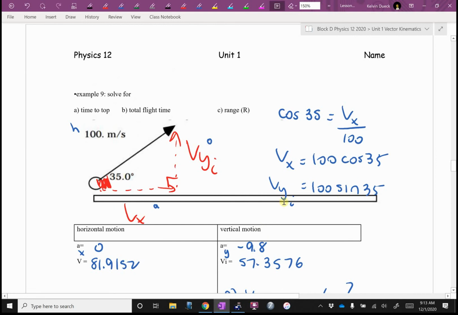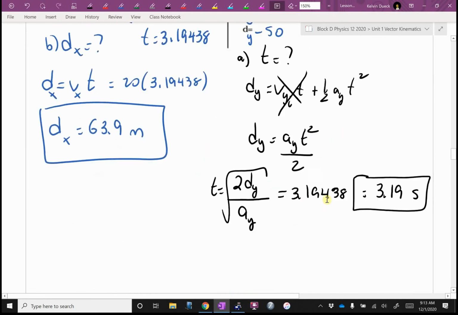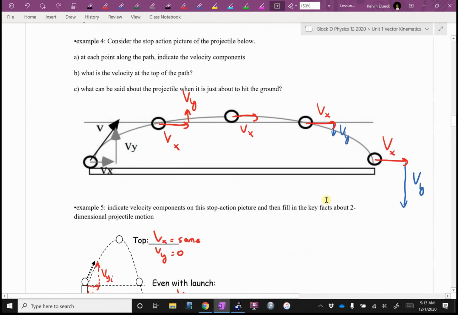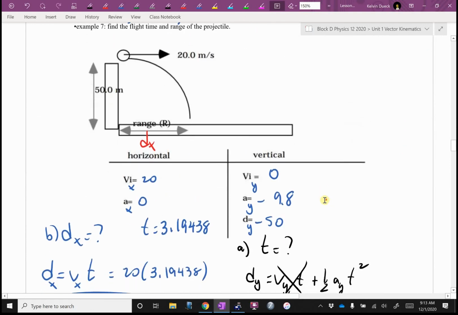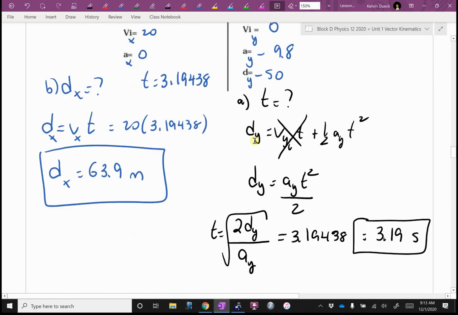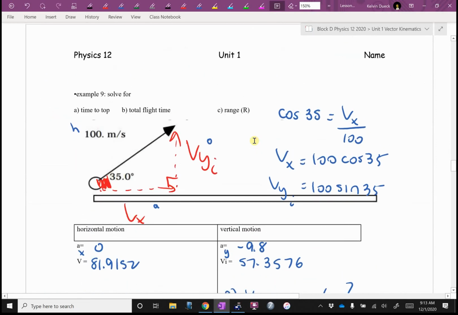Oh, we didn't need to do components here. But when we're doing components for velocities, which trig function is Vy initial?